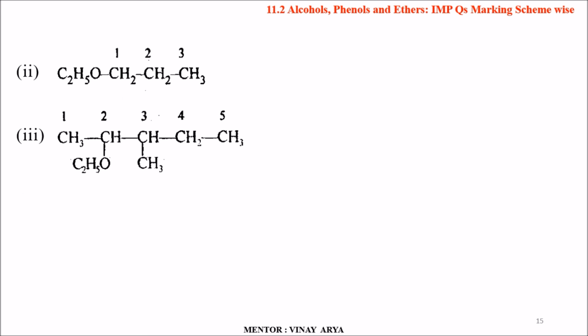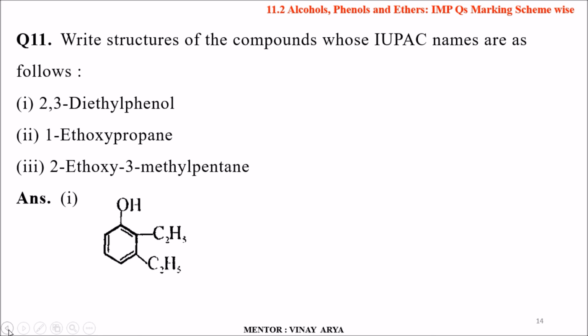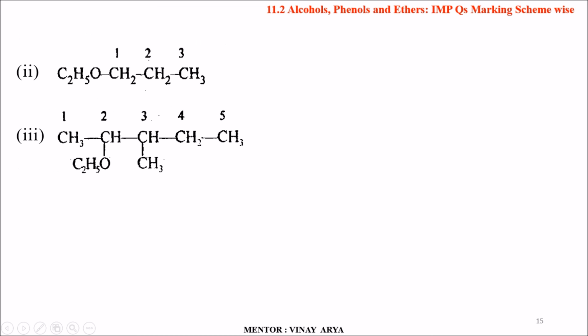The second is C2H5OCH2CH2CH3, and the third one is CH3CH2CHCH2CH3. So there 5 carbons are to be there, and the second carbon, as the name suggests, 2-ethoxy-3-methyl pentane, is having OC2H5 and the third carbon is having CH3.